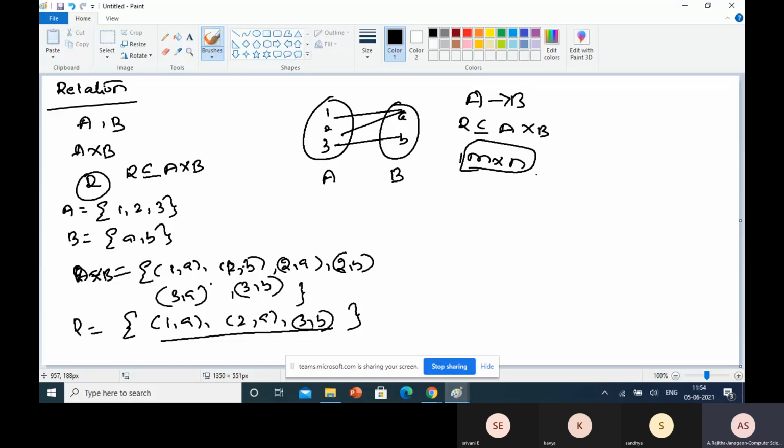And coming to, suppose here, this is the maximum relations and 0 is the minimum relations. Okay, maximum relations and minimum relations.